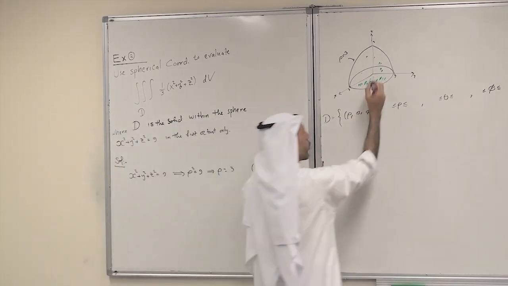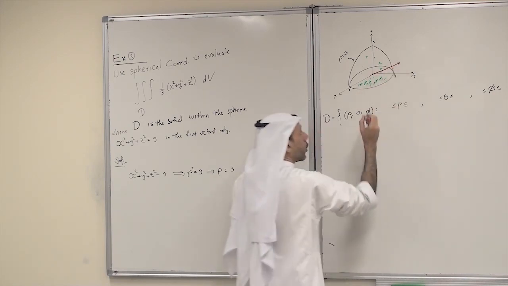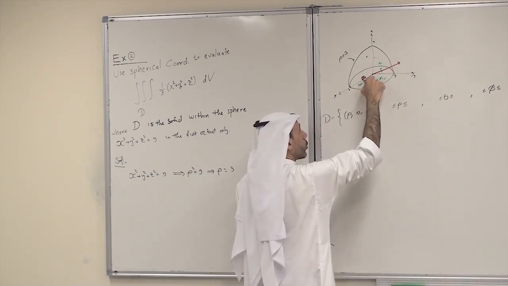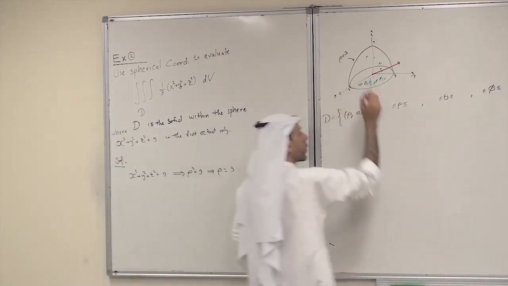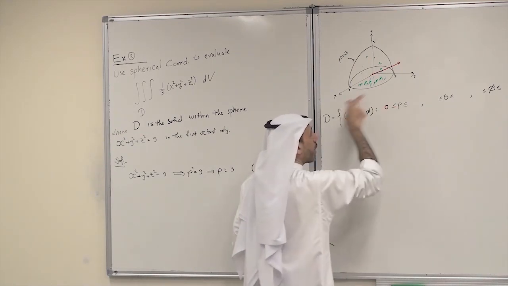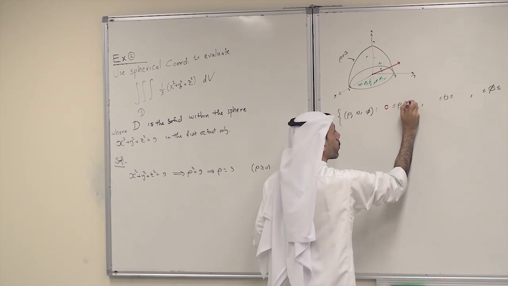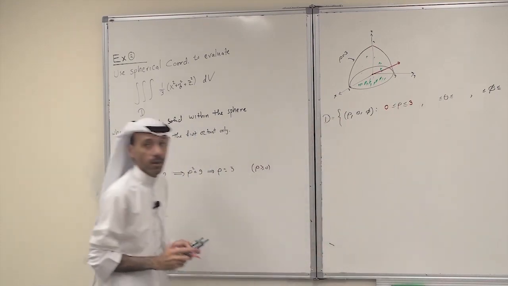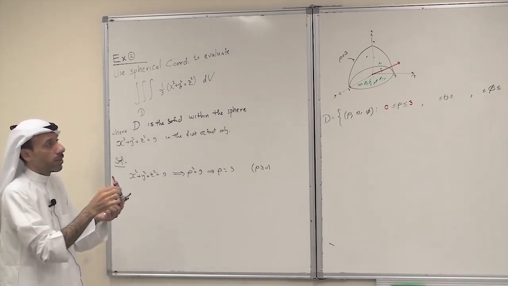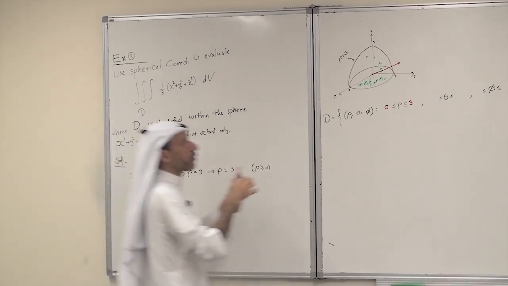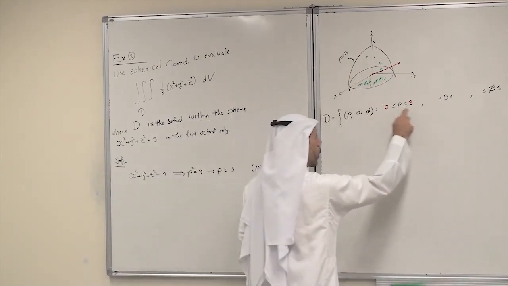You enter the solid through the origin, you are already in the solid. So I enter through 0, the origin, and I leave through the sphere, whose equation is rho equals 3. So rho between 0 and 3.